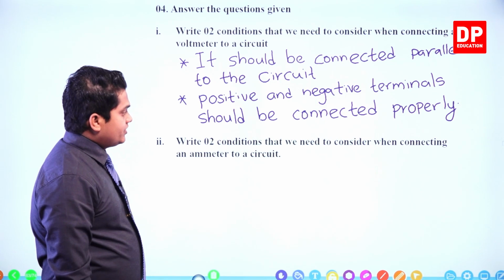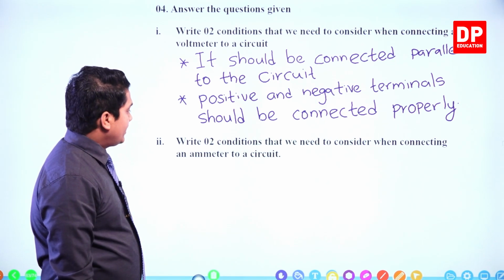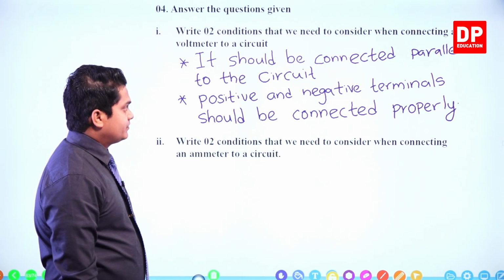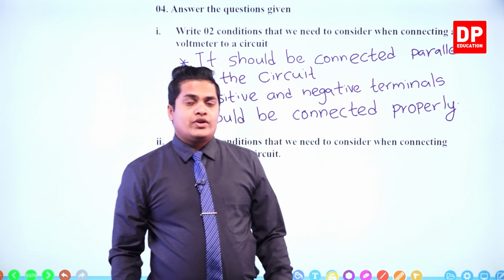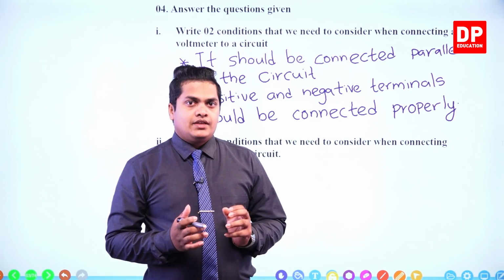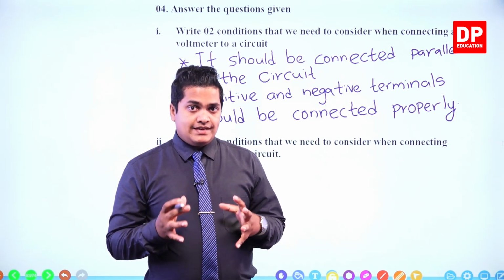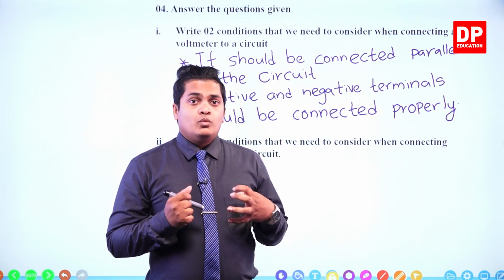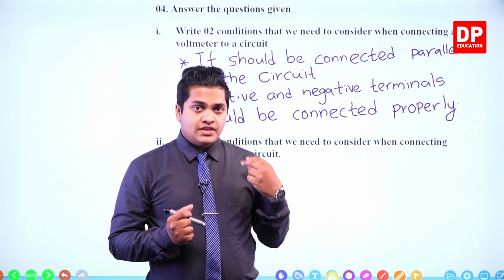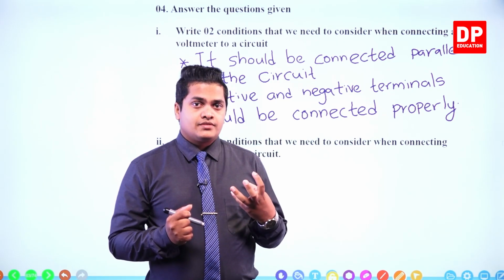Write two conditions that we need to consider when connecting an ammeter to a circuit. So this is like the voltmeter question, no? When connecting an ammeter, we have to follow these two facts as well.